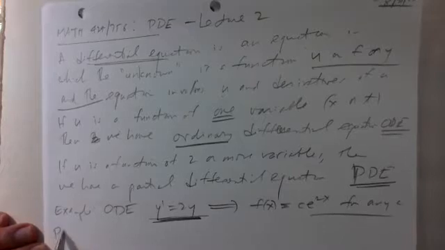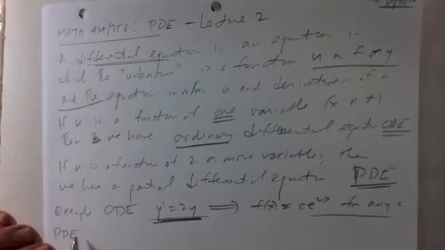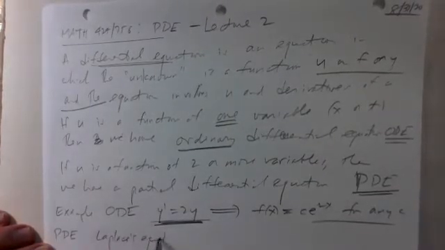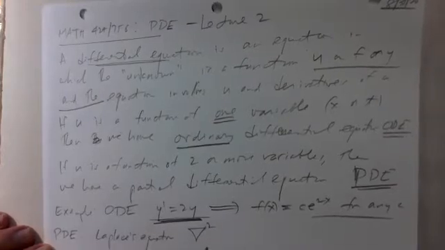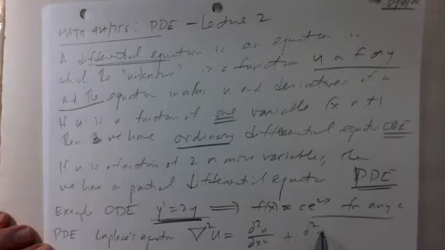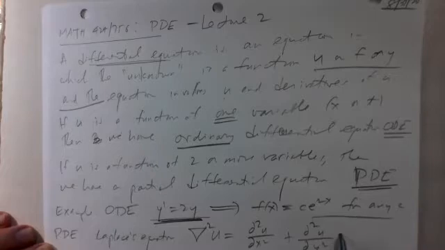What's an example of a PDE? Well, we have what is sometimes called Laplace's equation. Sometimes you use this upside down delta squared u. This means the second partial derivative of u with respect to x plus the second partial derivative of u with respect to y equals 0.